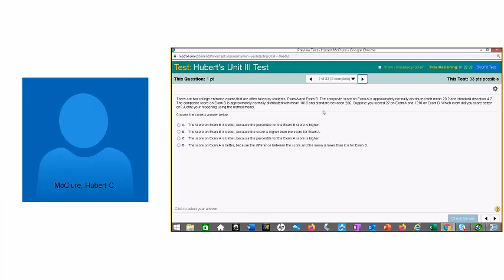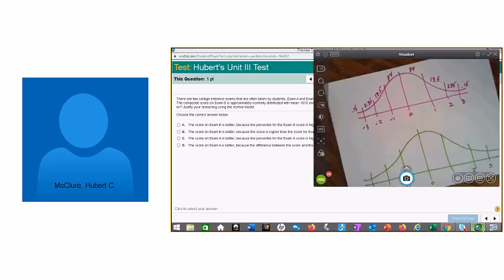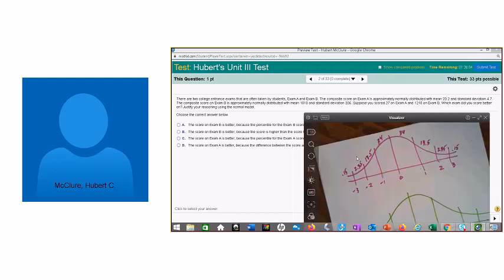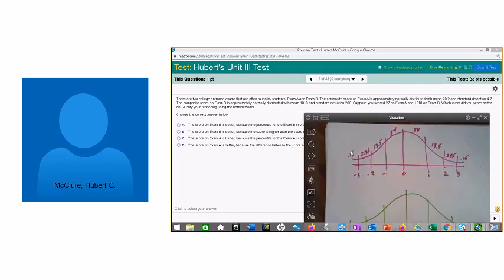Now, the question says, I'm going to turn off my video. Maybe that'll help with the bandwidth. Okay, it says there are two college entrance exams that are often taken by students. Exam A, and I'll just call this top. Let's see if I can get the video. There we go. Let me move this down a little bit. Okay. Y'all see that okay?